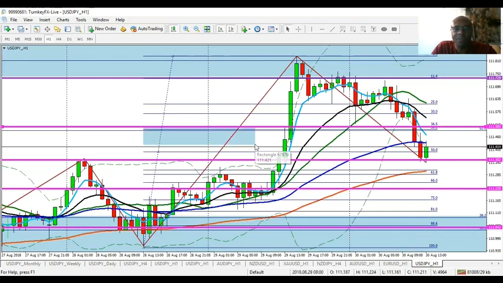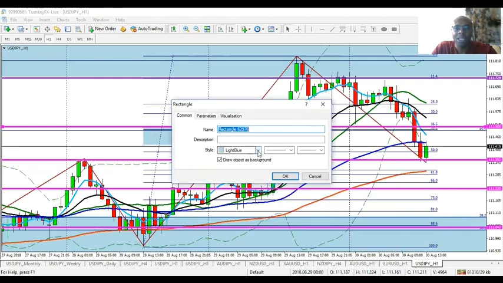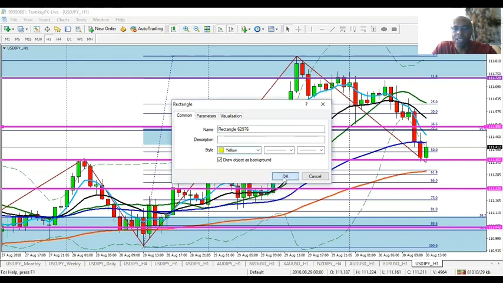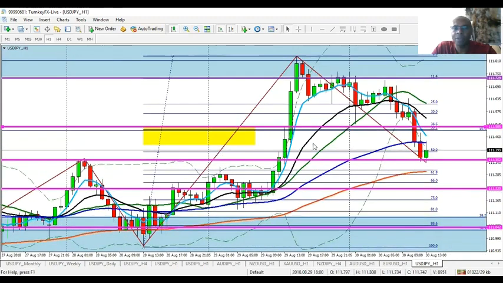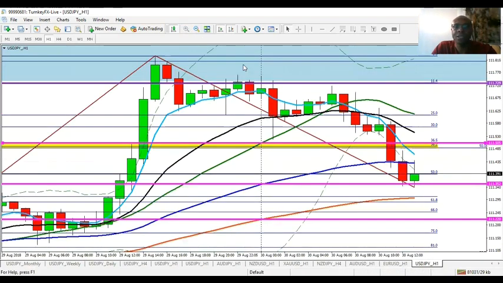If you just drag it, double click the end, right click, go into rectangle properties, and let's give it a yellow. So here is our zone right here, down to the 38.2. Resistance area. And we have another resistance right here.